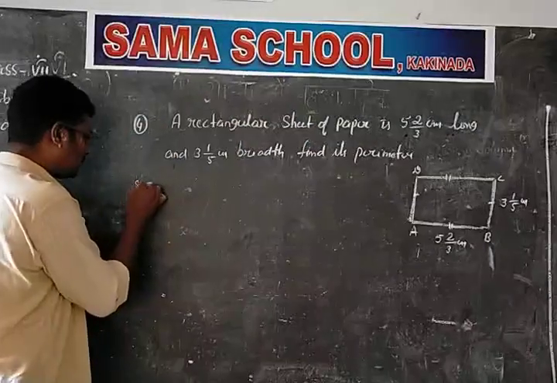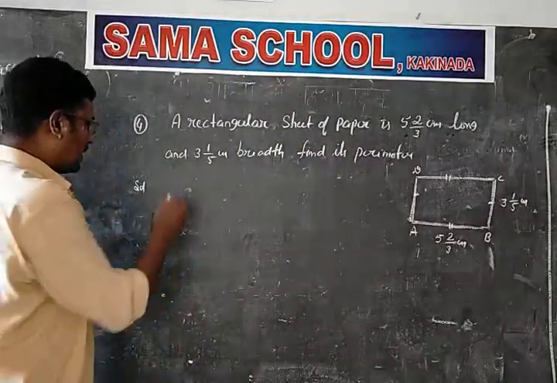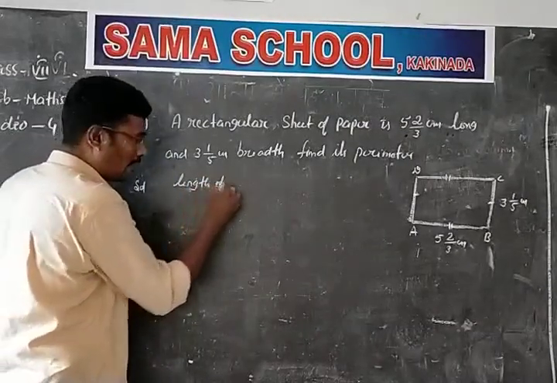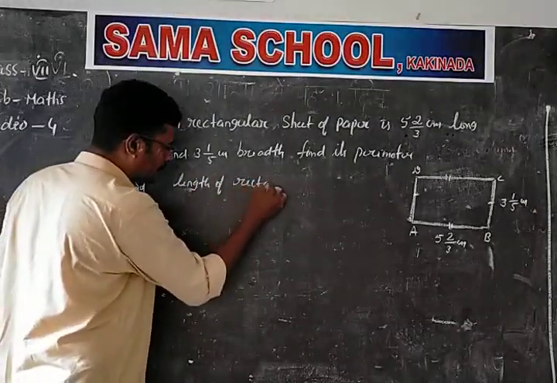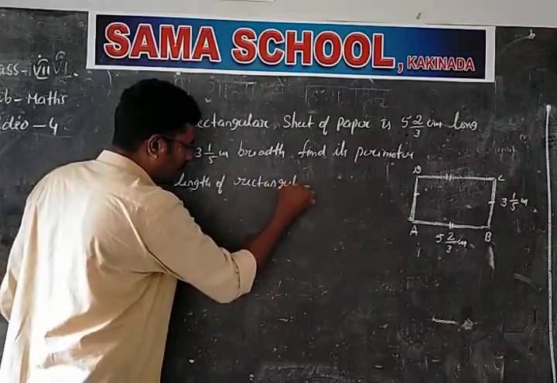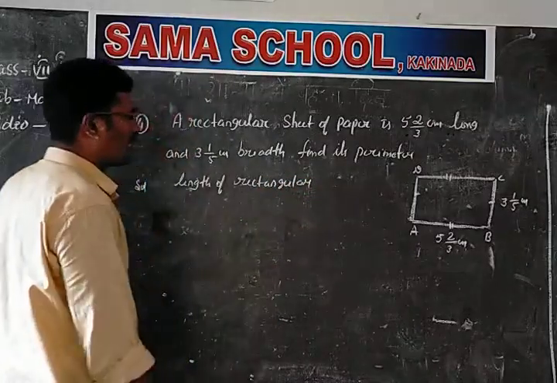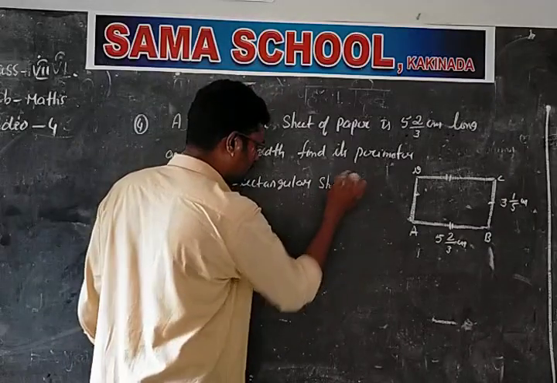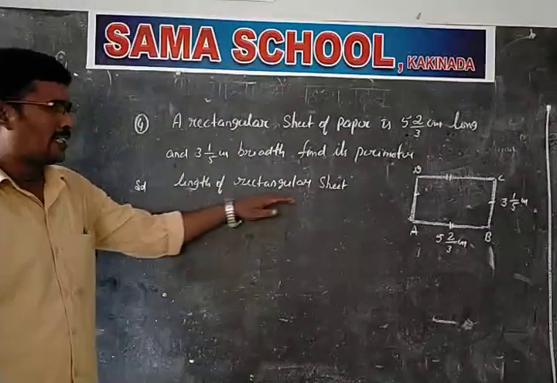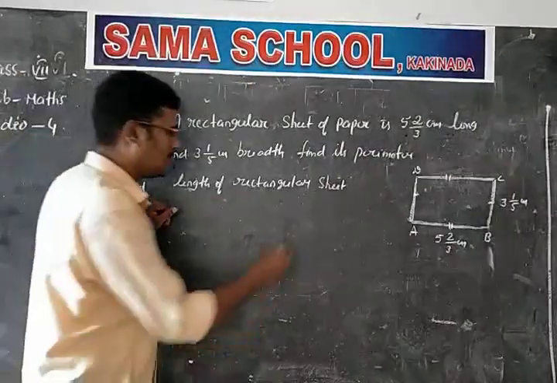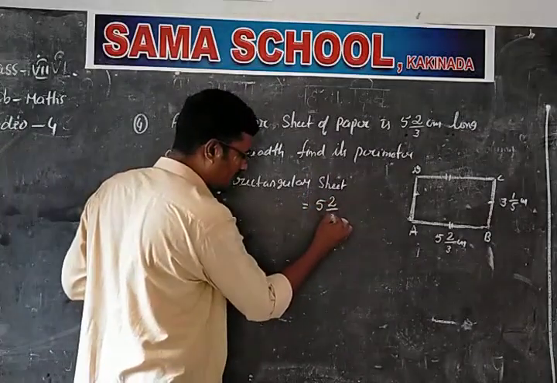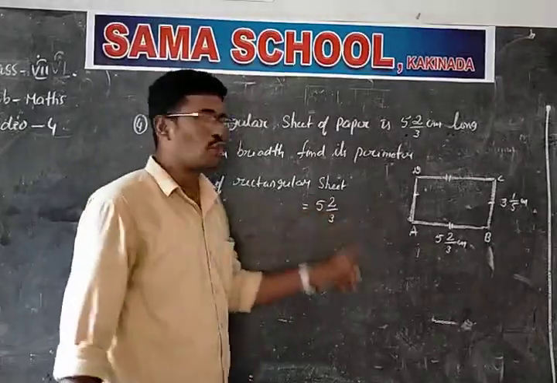Now the solution. Length of the rectangle sheet is equal to the given 5 2 by 3 centimeters.